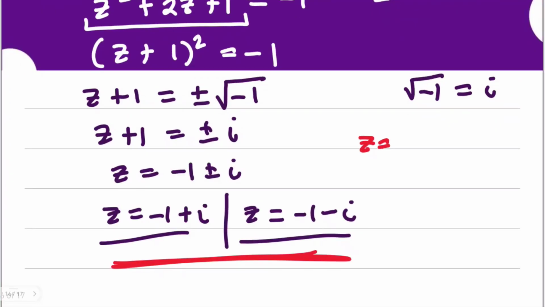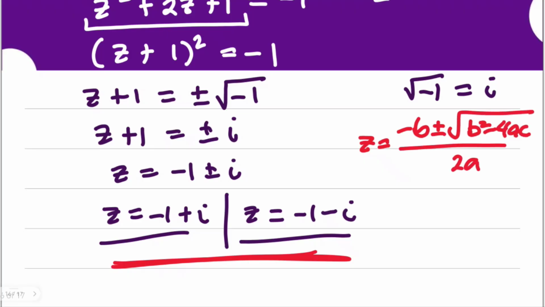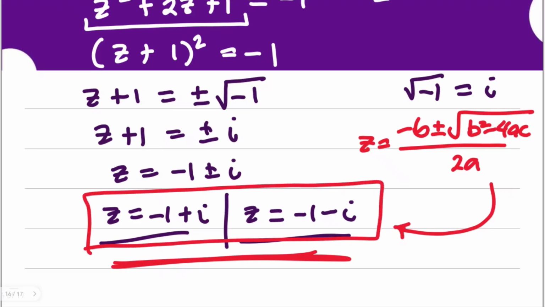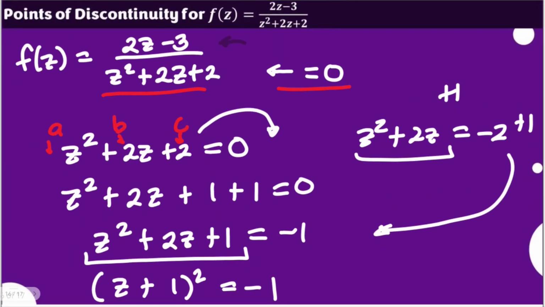Instead of x, it's just z: negative b plus or minus the square root of b squared minus 4ac over 2a, and surely you will get the same values. I'm going to let you do that by yourself, but this time we are assured that these are the correct answers for the points of discontinuity, the values of z where our given function would be discontinuous. Thank you very much for watching.